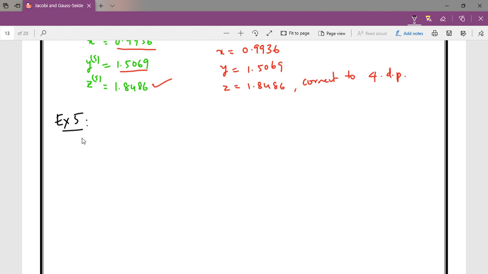Solve the system of equations by Jacobi and Gauss-Seidel method.